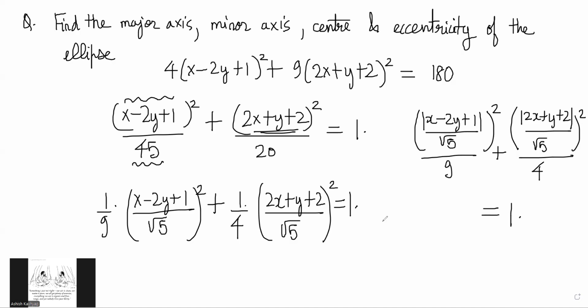So think about it. This is exactly fitting into our pattern of Pn square by a square plus Pm square by b square equals 1, right?